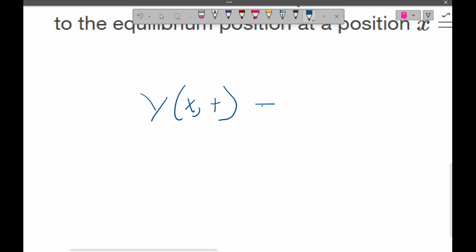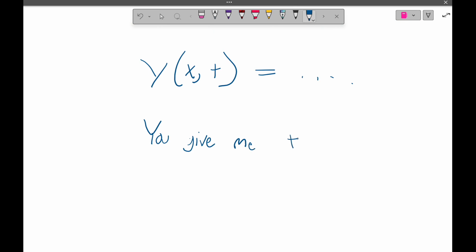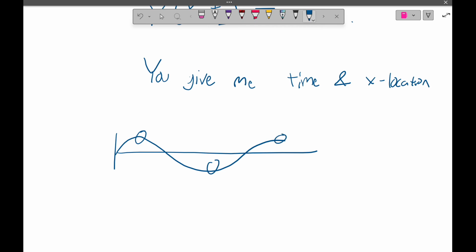So all that function is telling you is y of x and t. I don't even have to draw the function or write the function. It's saying you give me time and x location, and what that asks is, where along this string in the x direction am I? Am I here? Am I here? And then time asks, okay, which part of the motion is the wave in?